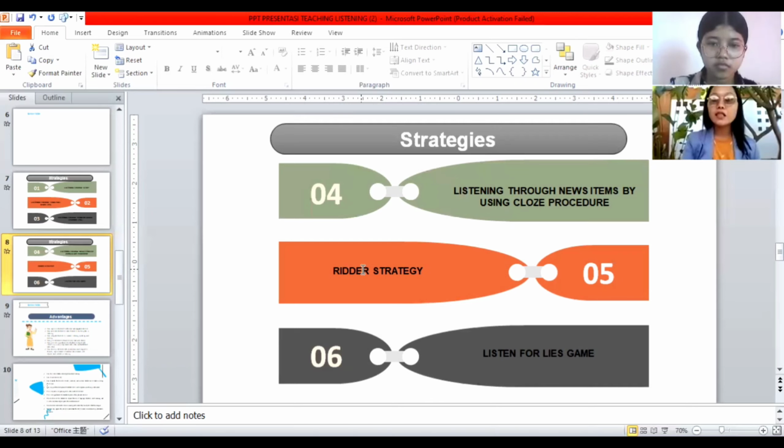And the third one is each student must listen carefully to the story that is played in the form of an audio recording. Fourth, audio recordings can be played more than once if necessary. Fifth, after the audio recording is stopped, the teacher reads the previous story aloud by making changes.